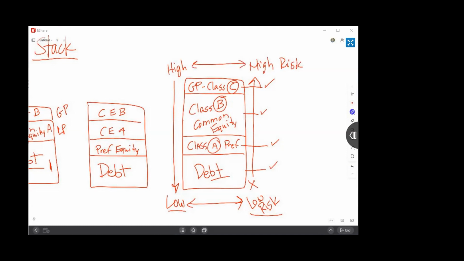So same thing: high risk, high return, low risk, low return, which is why the debt is usually, right now you can get it for what, 2.5 to 3.5%. It's because that debt is very, very cheap, and it's the lowest risk investment you can have inside of these assets. And then of course you have your other returns that would be commensurate with the risks as well that are inside of this capital stack structure.